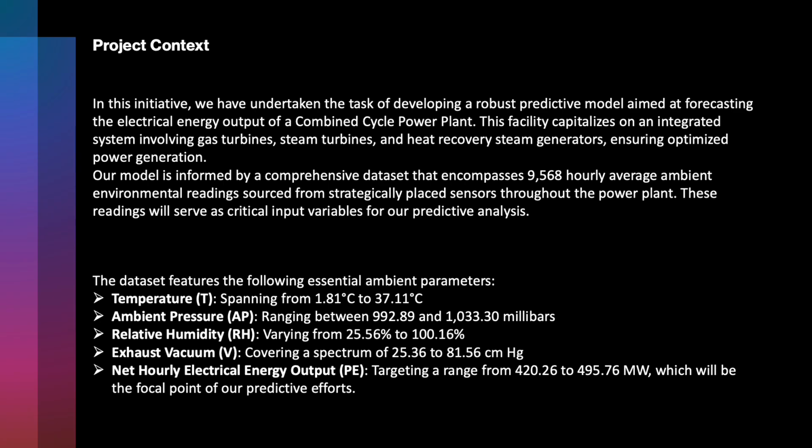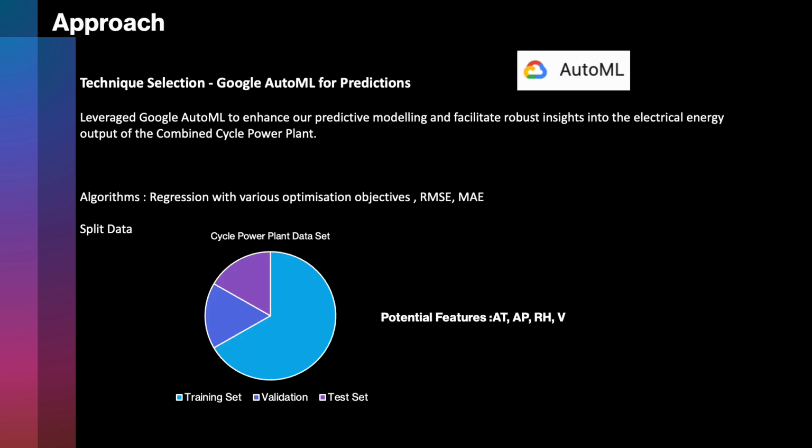Each of these influences the plant's performance. And the goal of this initiative is to use these parameters to accurately predict the net hourly energy output, ranging between 420 to nearly 496 megawatts. By doing so, we are trying to enhance forecasting accuracy, support better planning, and optimize overall plant operations.